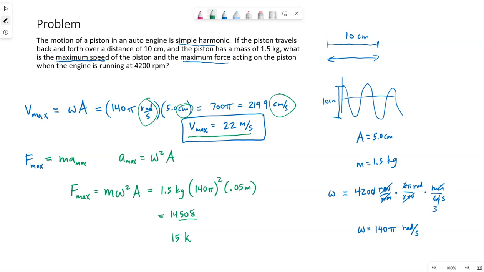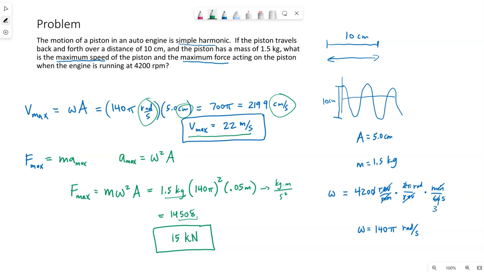Units, we have the kilograms from the mass. Omega is radians per second squared, so we'll have the second squared there, and then the meters. So kilogram meter per second squared is a Newton. So we could say that the maximum force on the piston is 15 kilonewtons.